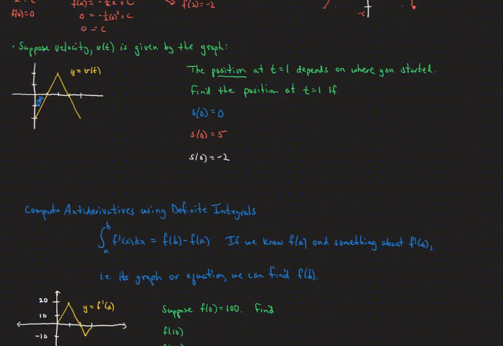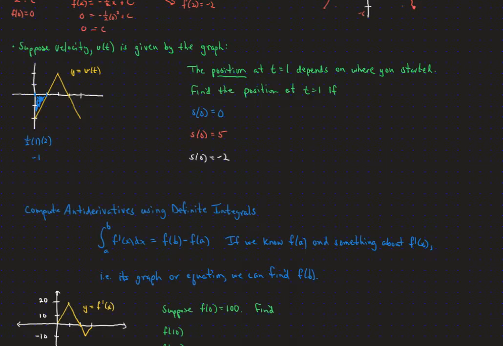That area is 1/2 base times height, which is going to be 1. So the area of that blue shaded triangle is 1. That is our net change in position from t equals 0 to t equals 1. Because that's below the x-axis, we're going to think of that as being negative 1. So from our starting position, we're going to get negative 1 to the left.